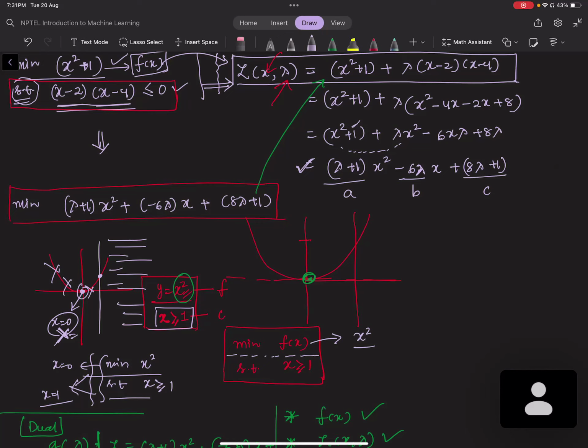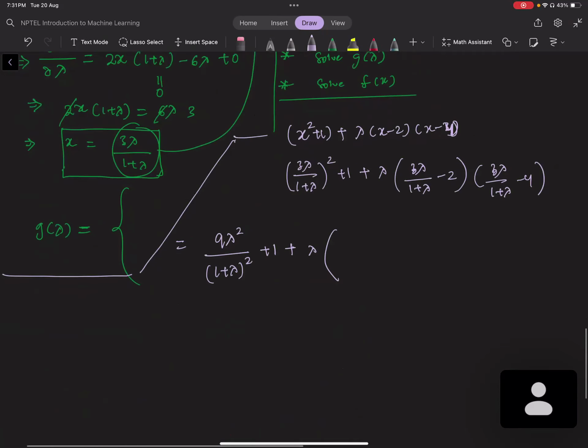3 lambda by 1 plus lambda. Okay, let's just proceed. If I multiply this, it would be 9 lambda square by 1 plus lambda whole square.